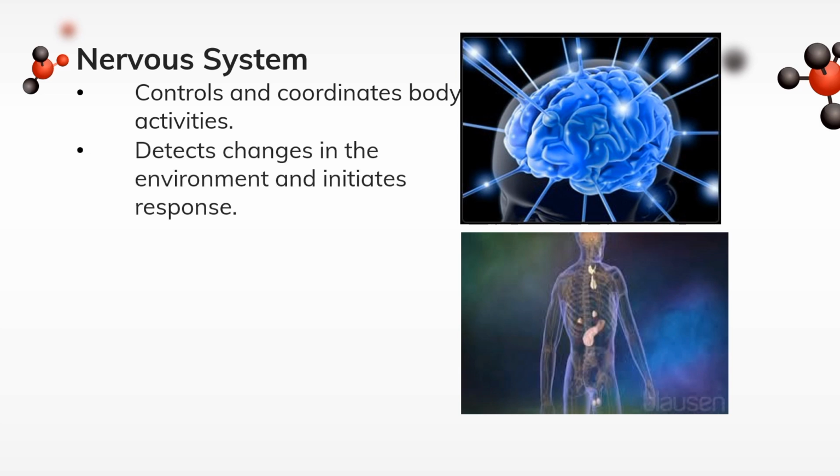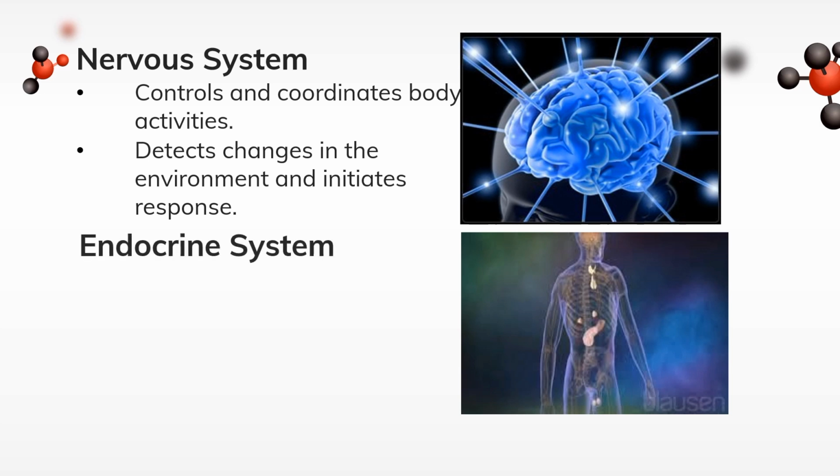It is especially important in detecting changes in the external environment and initiating reactions to them. Furthermore, it is responsible for higher functions that are not entirely directed toward maintaining homeostasis, such as consciousness, memory, and creativity.